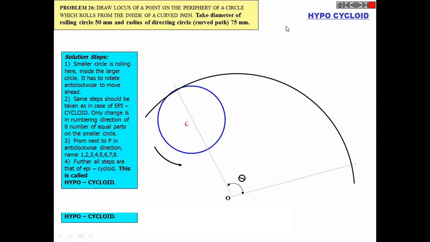How? Same radius, same diameter, same path, and the formula is same. So the answer will also be same. The base thing is the formula: small radius by big radius multiplied by 360 degrees.